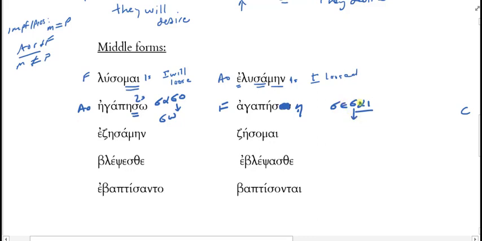The epsilon and the alpha will contract and become an eta, and the iota will subscript under. And so I'm left with se. Okay? And so that's the form here. So again, that's also second singular, but a primary form in the middle passive. So agapeso is you loved in the middle. Future, you will love. Okay? You loved, you will love.